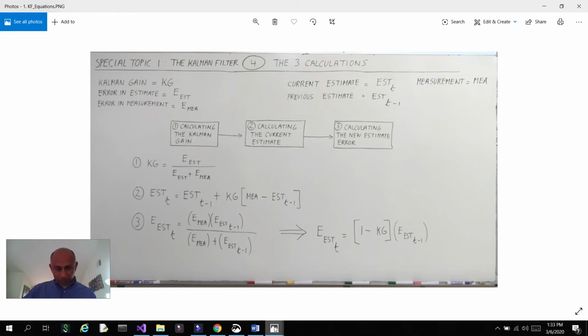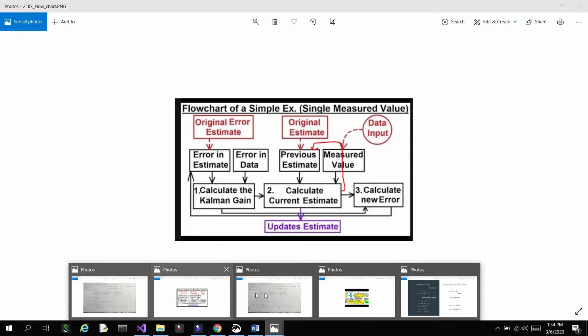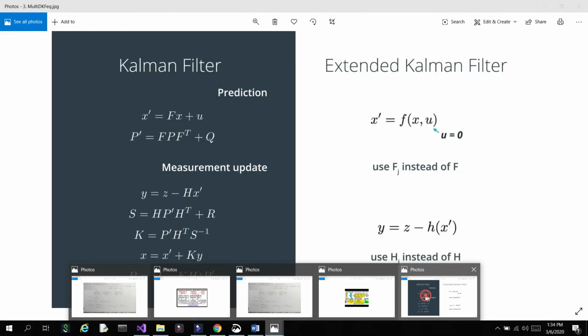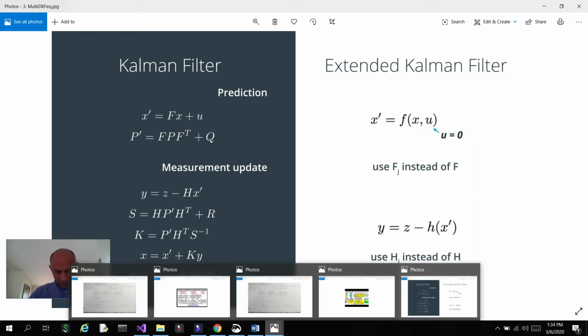So going back to the snip, the new error p will be equal to, sorry, just thinking here. So new error is I minus kh, times the previous error. So go back here to my snipping.